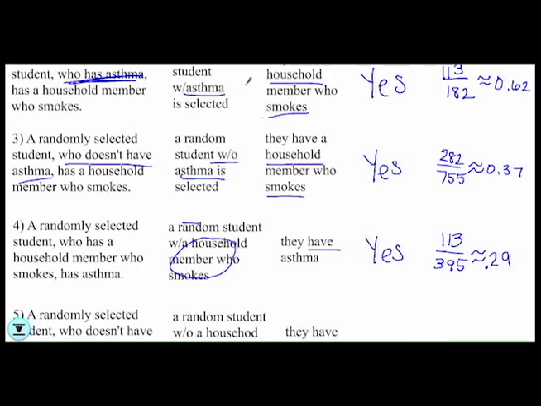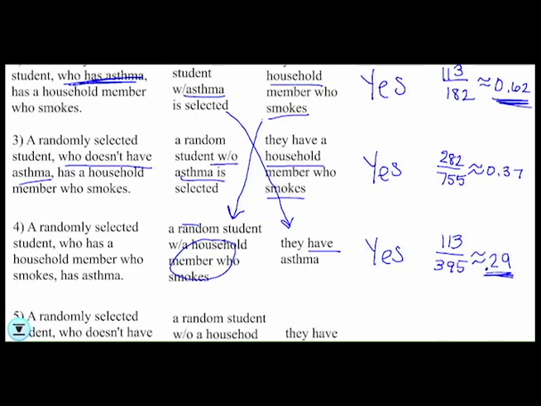Notice how these are very similar, except the initial condition up here in number 2 was the student with asthma was selected, and then we looked at the household members who smoke. This one was switched around. The initial condition was the household member who smoked, and then the secondary part was they have asthma. So notice these two are two different percentages because of the initial condition switching around. That's important to note.